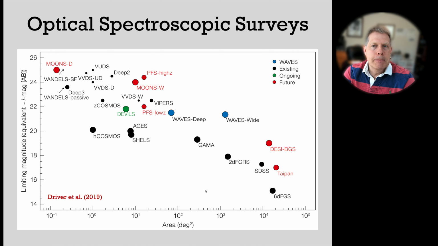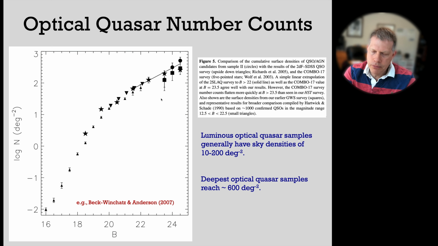Okay, now the first thing you can do, as I kind of mentioned already, when you conduct one of these surveys, even before you have redshifts, is you can just plot the number counts. This is the number of sources you find, typically shown per square degree, as you go down in flux. In this case, this is B-band magnitude, running from 16th magnitude over here down to somewhat fainter than 24th magnitude over here.